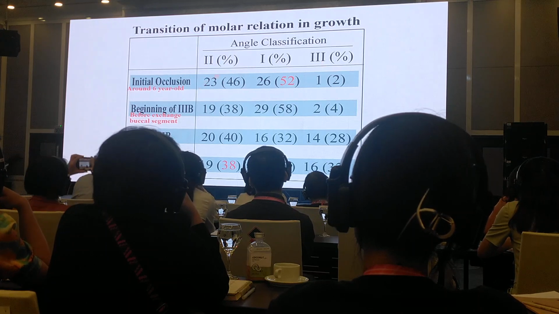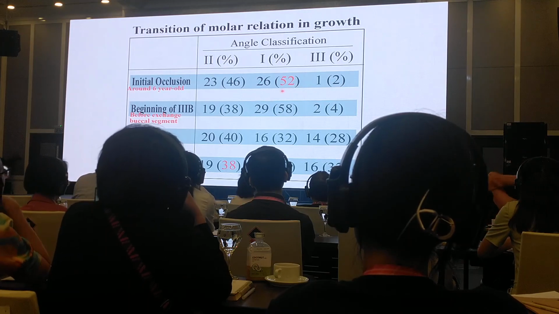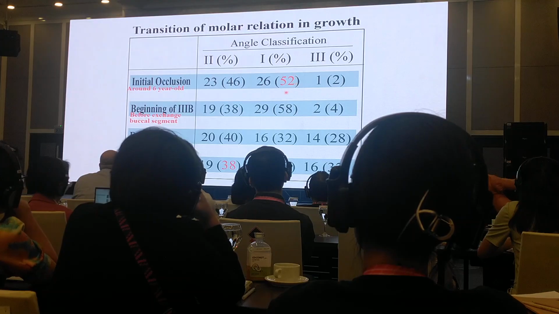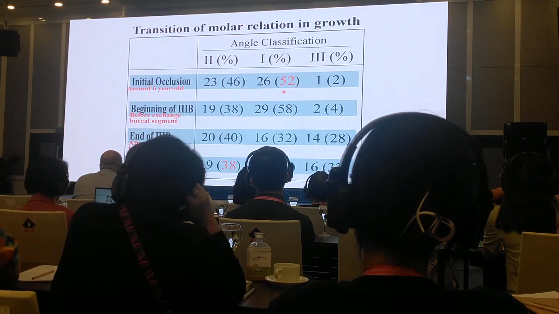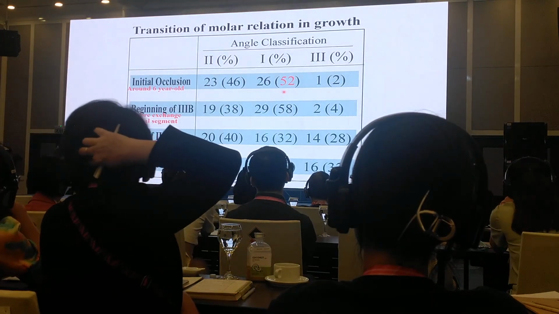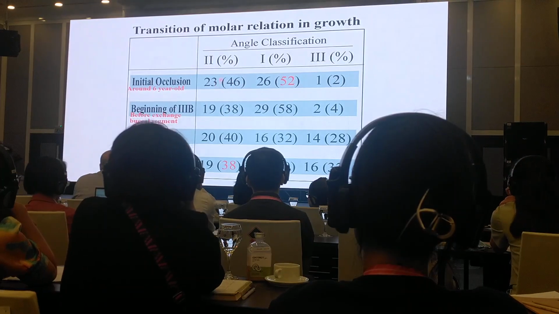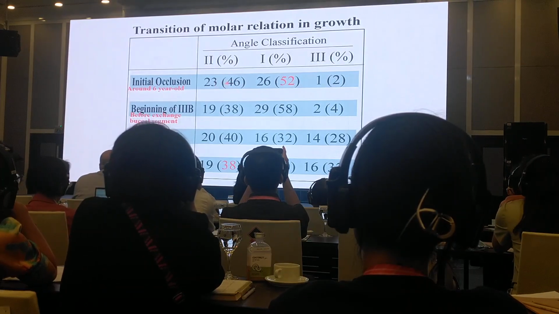At 6 years of age, 52%, pretty many kids, show plus 1 occlusion after first molar eruption. But another nearly half, 46% of kids, show plus 2.